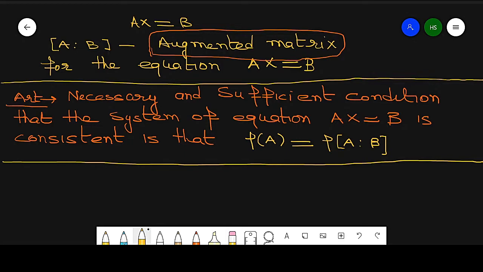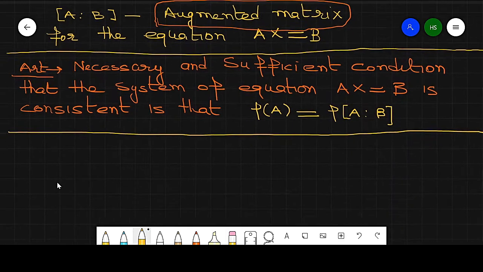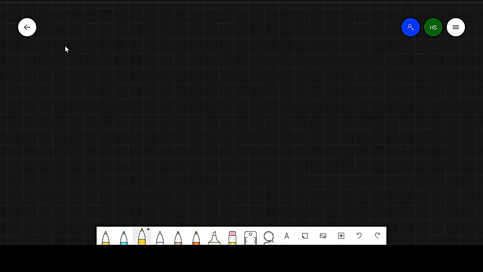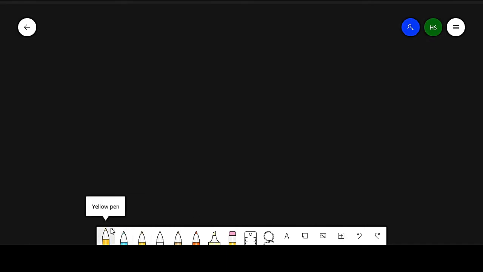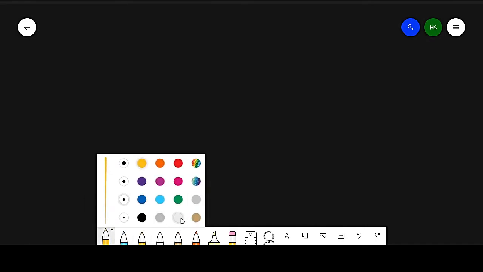That is the statement of the theorem. This is a very important result in order to find the solution of a system of equations. Now the proof of this theorem.